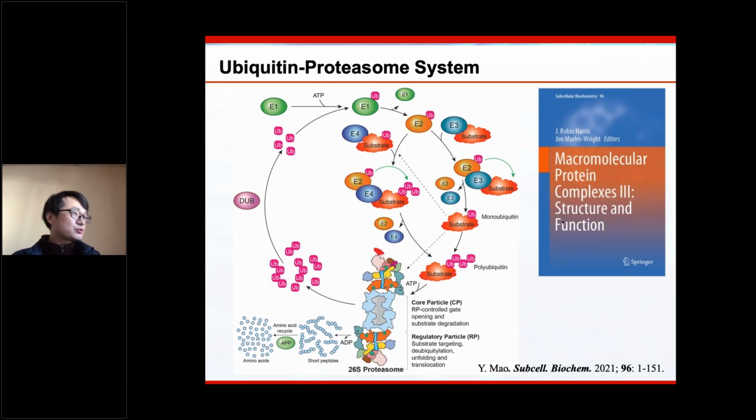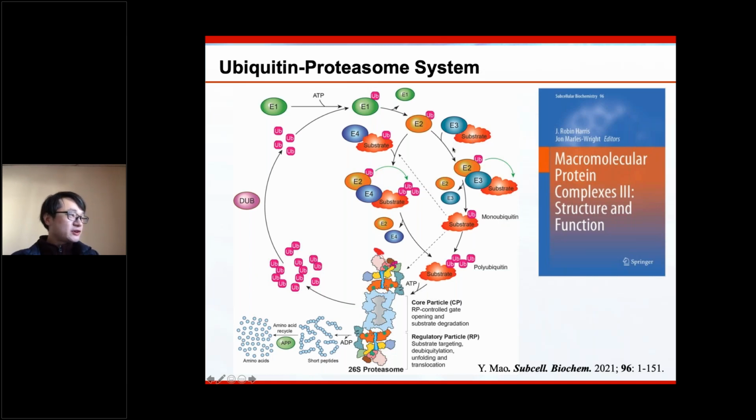So this kind of substrate, as shown in the red structure, has to be first modified by ubiquitin, either as monoubiquitin or polyubiquitin, through a cascade of E1, E2, and E3 enzymes.